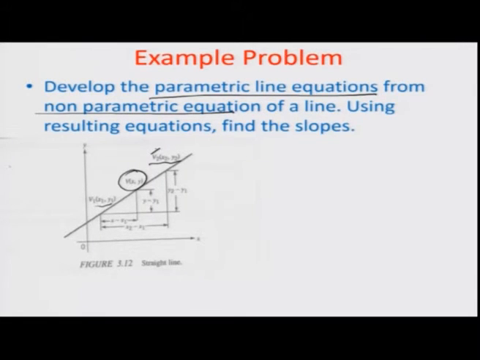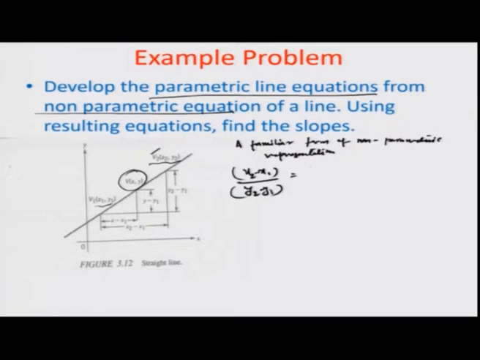So, let us say if we wanted to represent this using a familiar form of non-parametric representation. In case of a line, it can be (x2 minus x1) by (y2 minus y1) equals to (x minus x1) by (y minus y1).